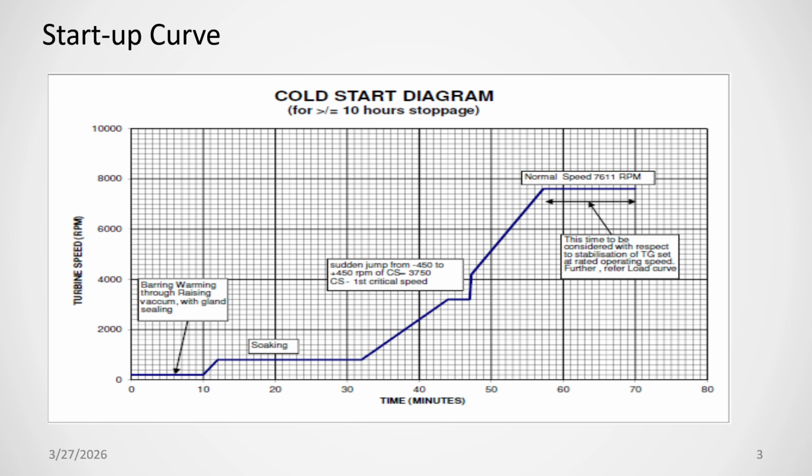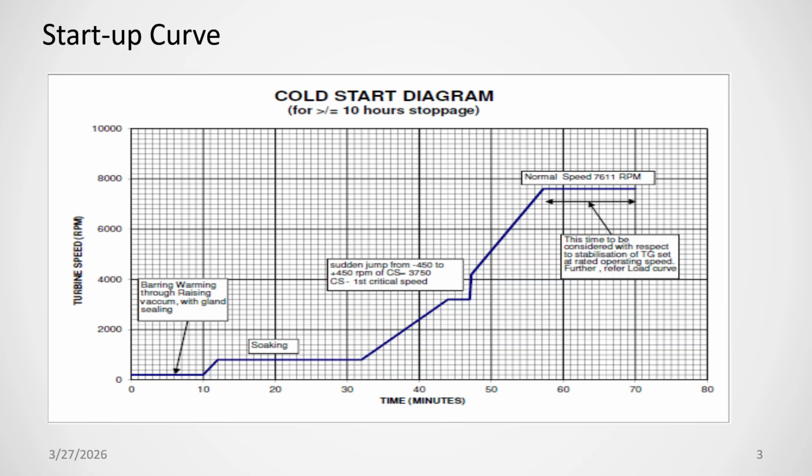Heating is very important, so that the turbine rotor and casing expand simultaneously and equally, so that the axial gap we have maintained between the stator blade and rotor blade remains the same. We can measure the casing expansion and the rotor expansion also when the recorders are there.